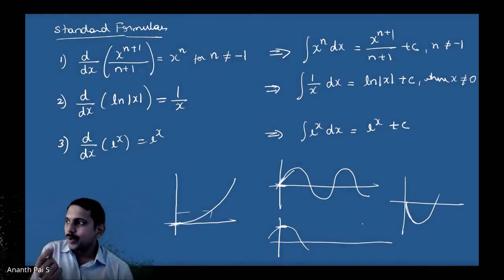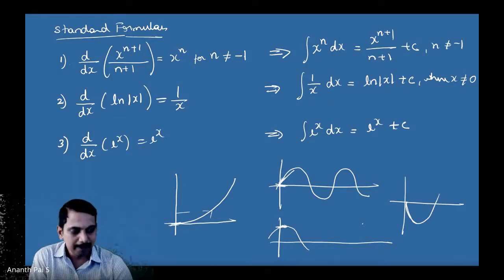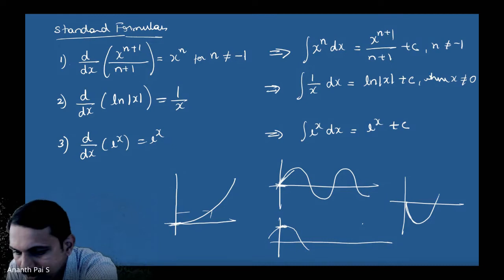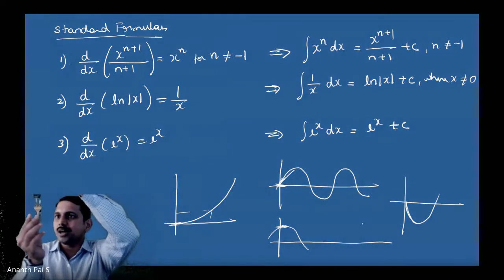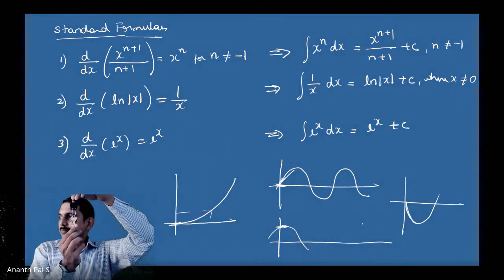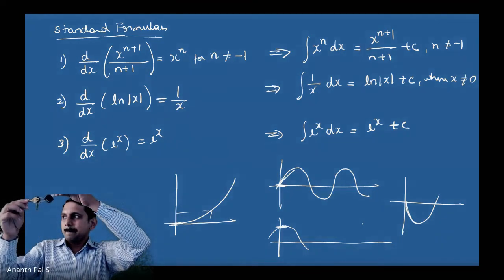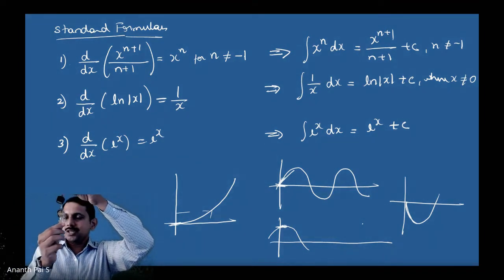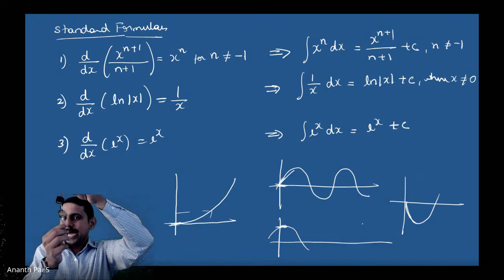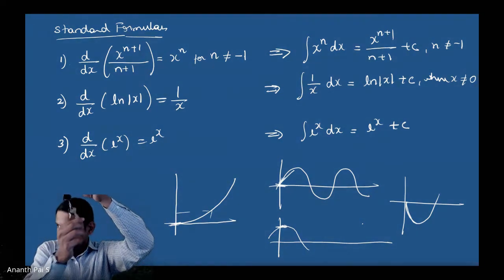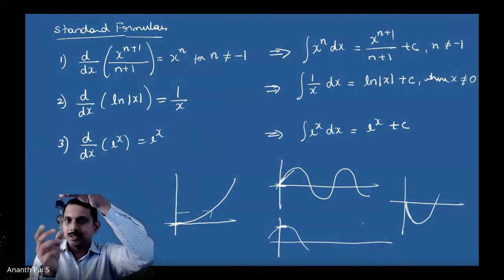Take a pendulum. At the mean position, the displacement is 0. As it goes away from the mean position, it is decelerating. Maximum velocity is at the mean position.